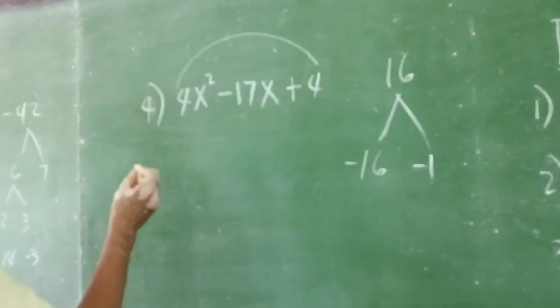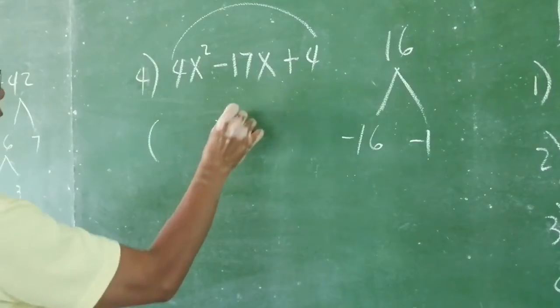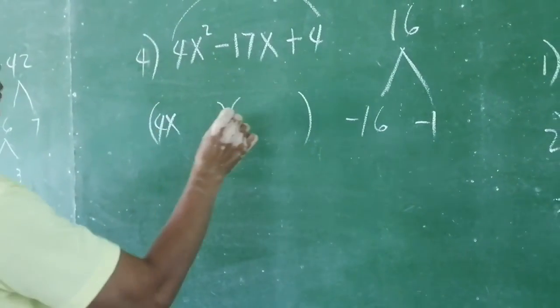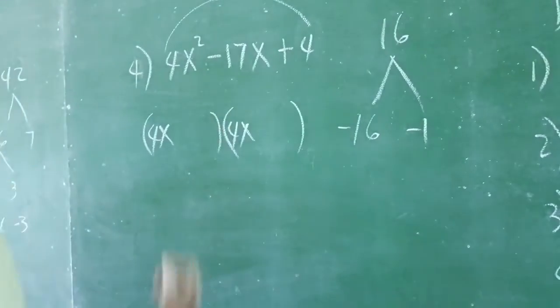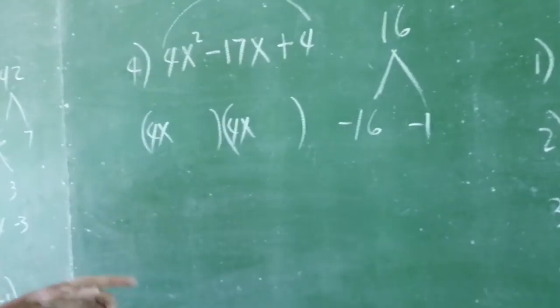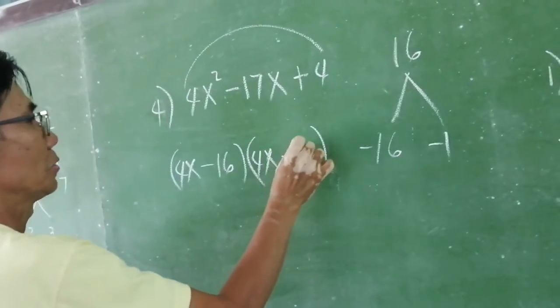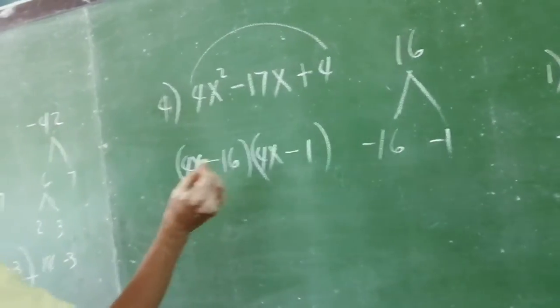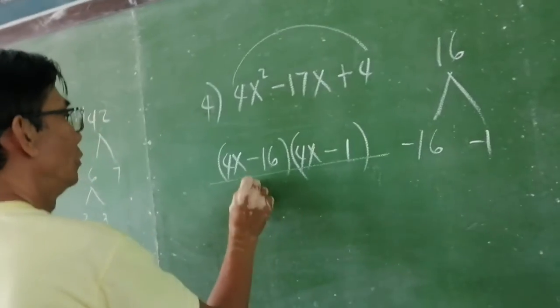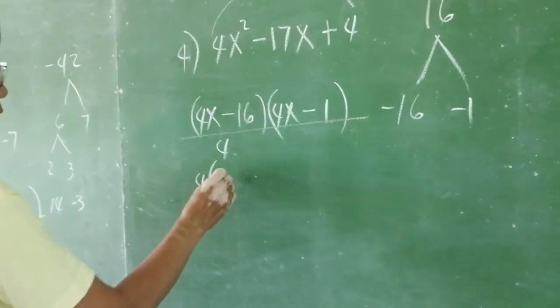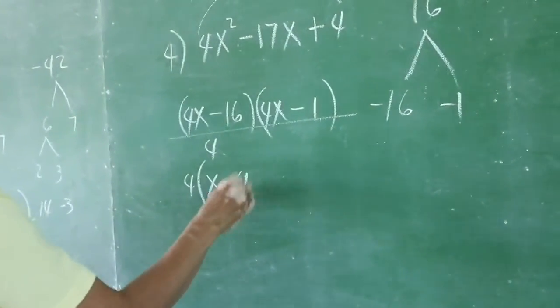16 and 1. So shall we have parentheses again? You put 4x here, 4x here. So you watch. And minus 16 minus 1. Okay? And over 4. So factor out 4 will be x minus 4.